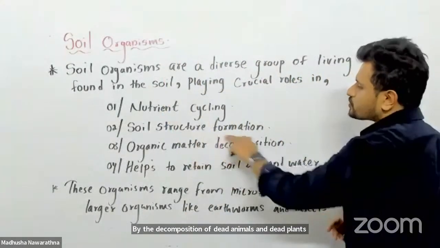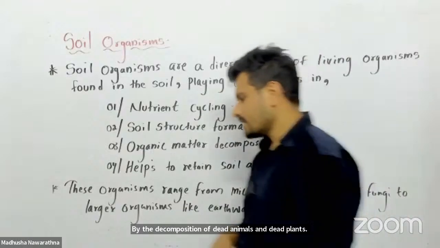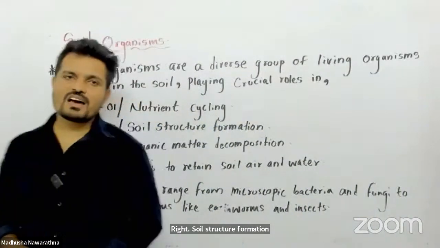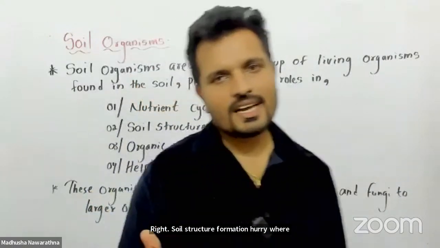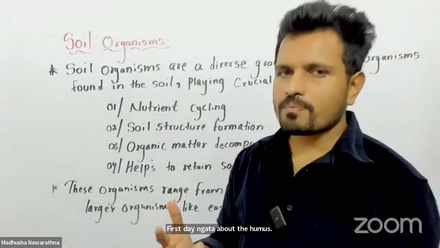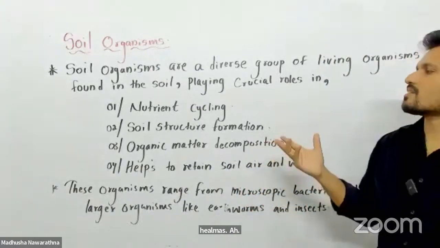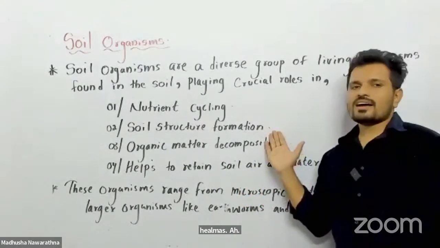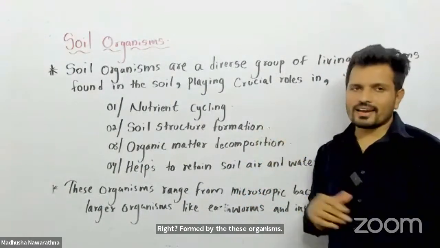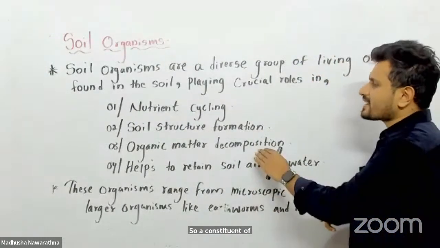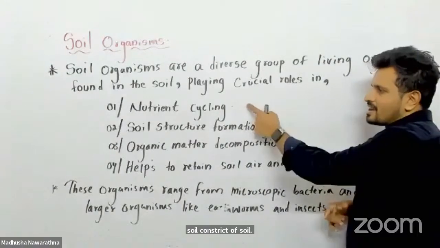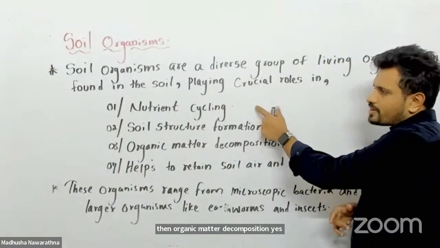Right. Soil structure formation. On the first day we learned about humus. Humus is formed by these organisms, so it is a constituent of soil. Then organic matter decomposition, which interrelates with nutrient cycling.